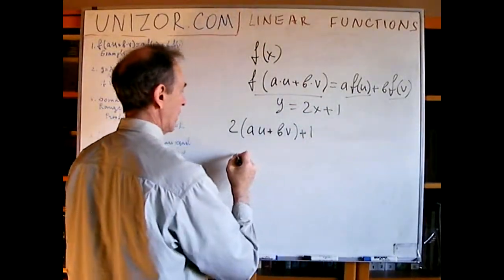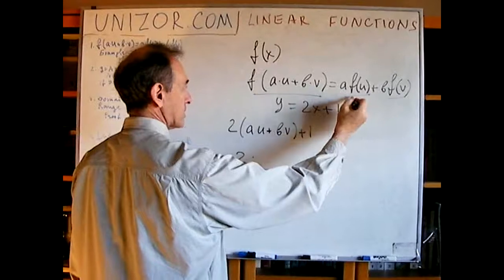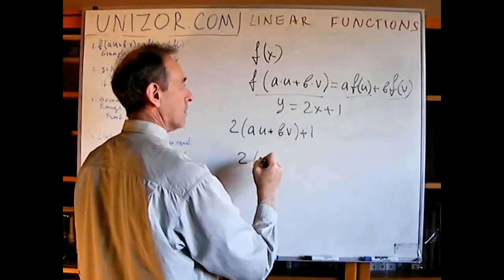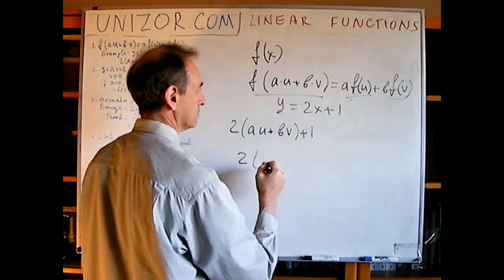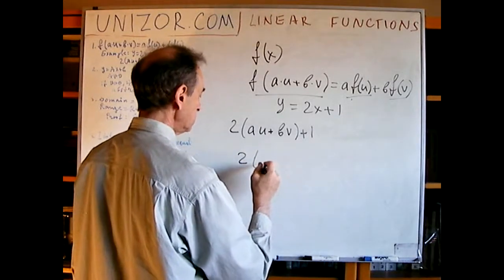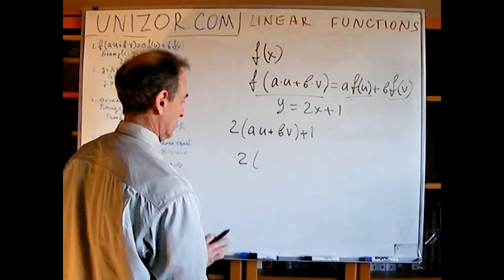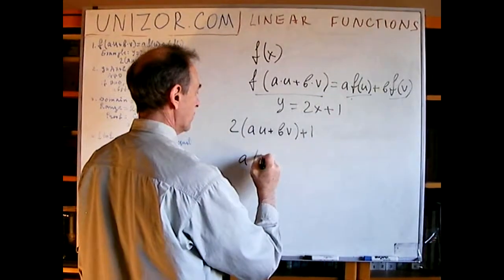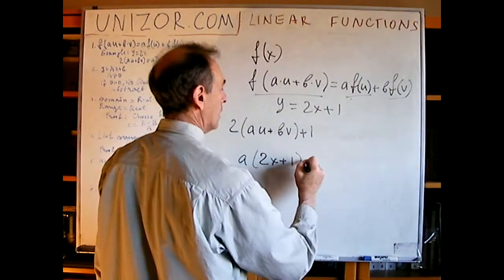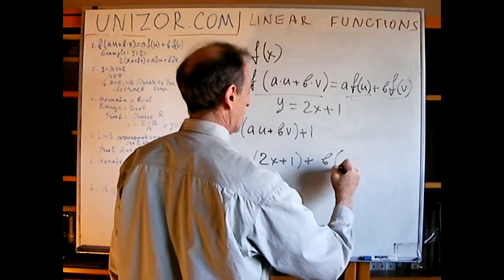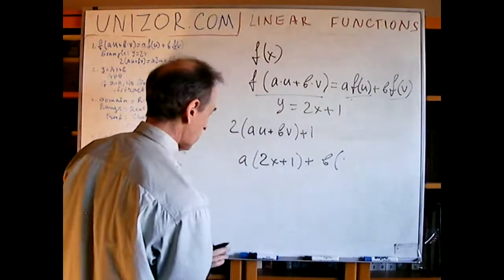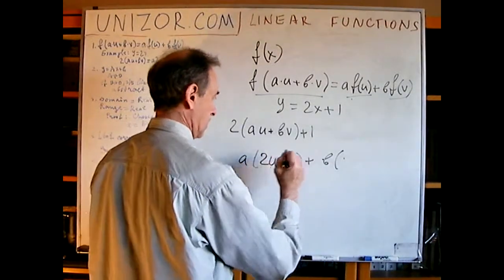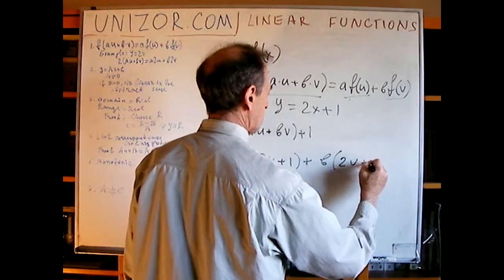On the right, you have a times the function of u, which is 2u plus 1, plus b times 2v plus 1.